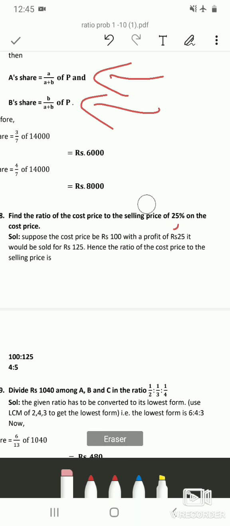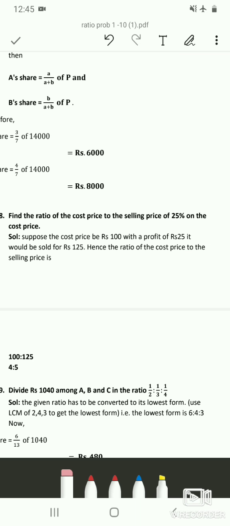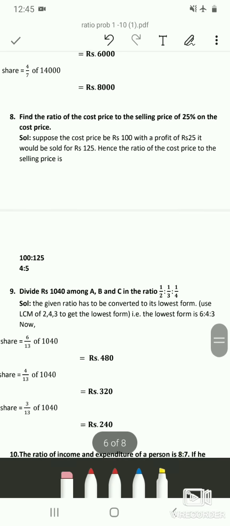This was a simple problem, but you have to note that here they have asked the ratio of cost price to the selling price of 25% on the cost price. They may even ask for the selling price, so according to the given question, you have to find out the required ratio.